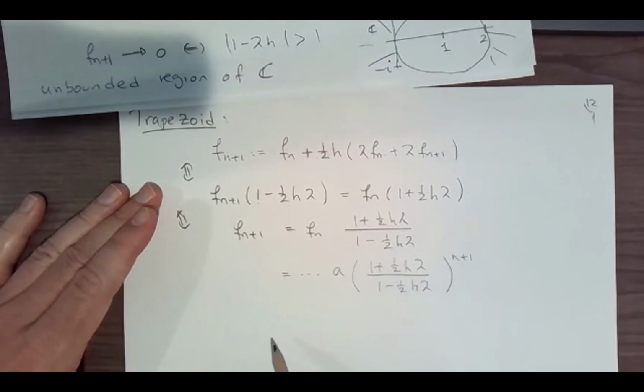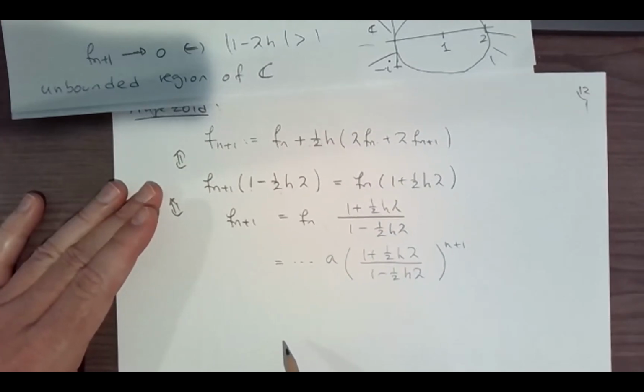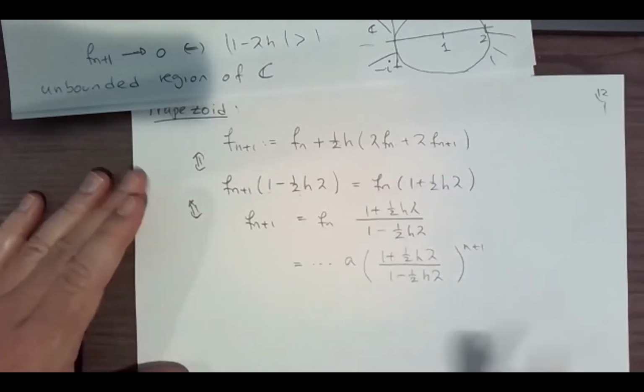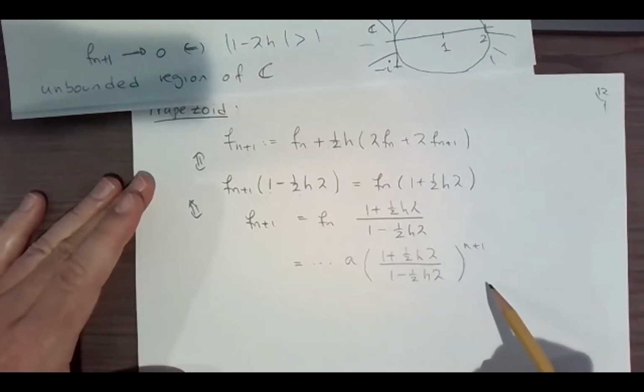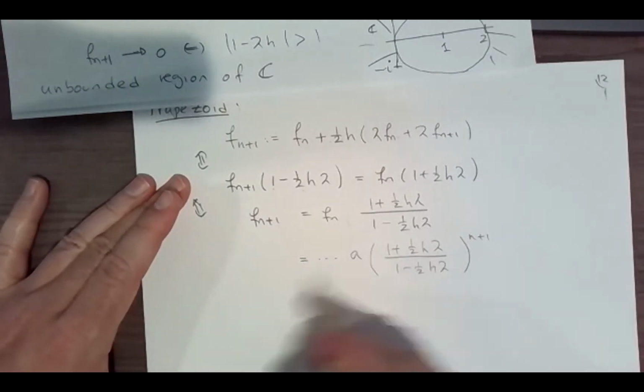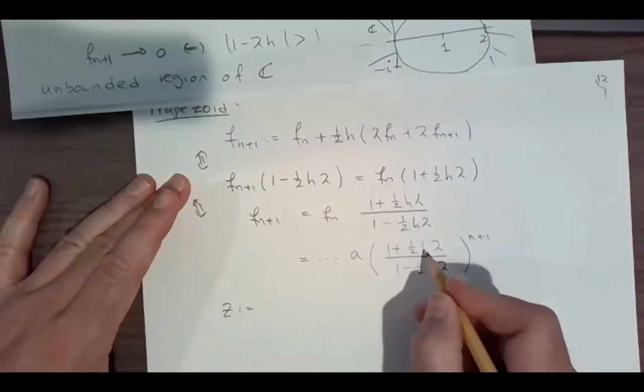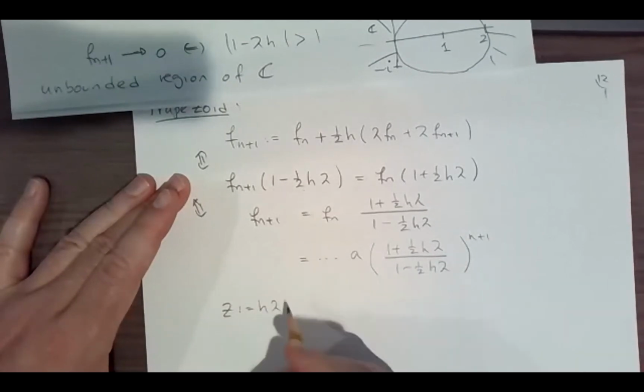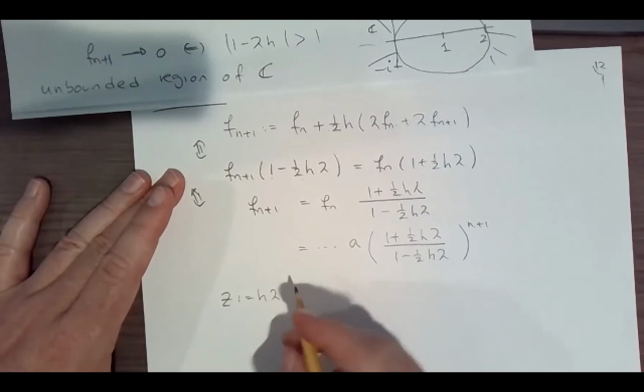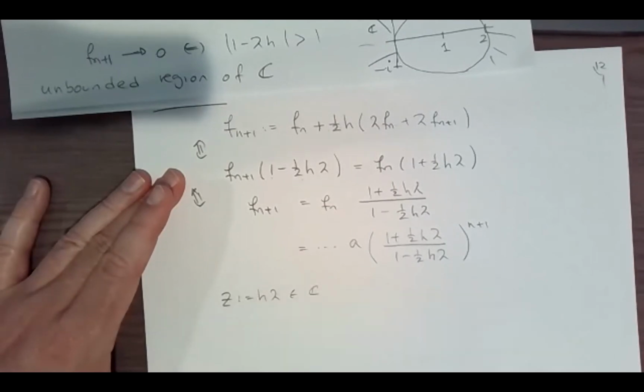And so when is this stable? Again, I need the absolute value here to be bounded by 1. So if I look at z to be h lambda, keep in mind lambda is a complex number, h is a small time step, so this here is a complex number.